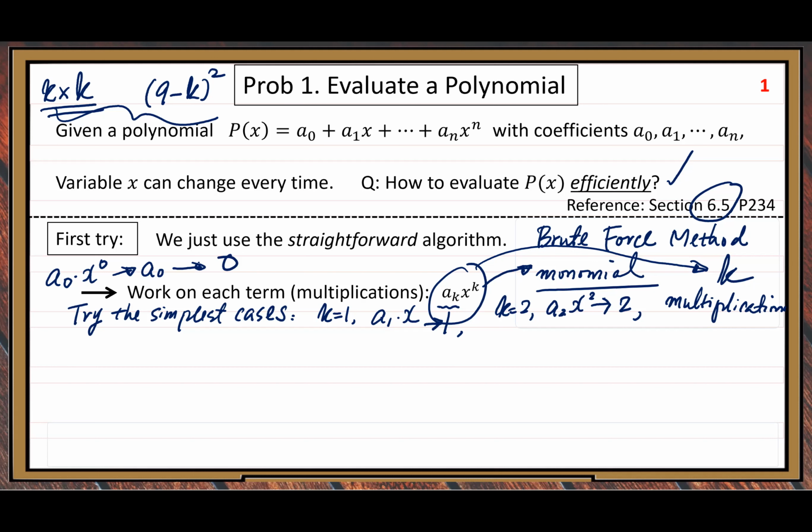Another question? Yeah, right. X squared, right? Okay. Yeah, 2. So right here, 2 multiplications.